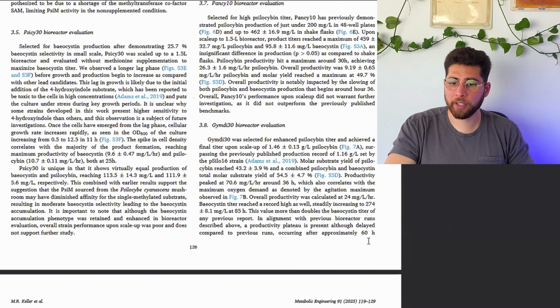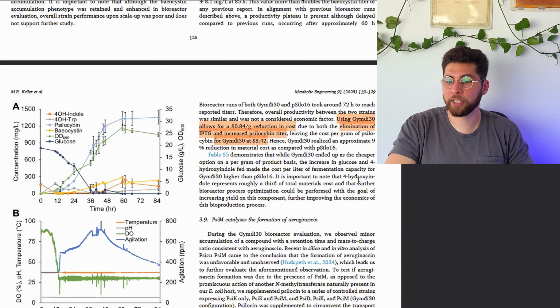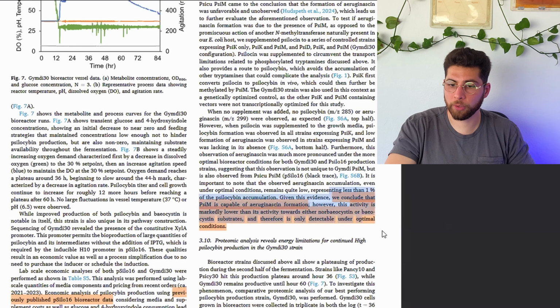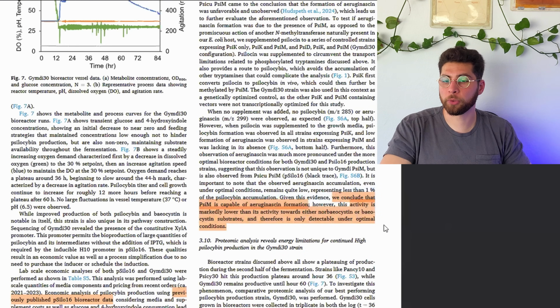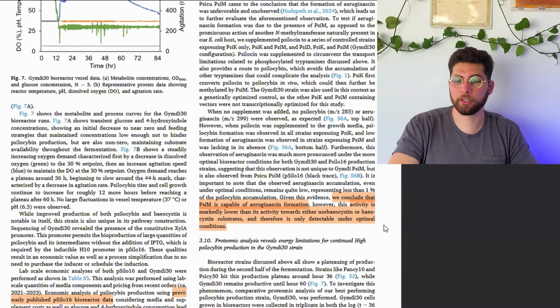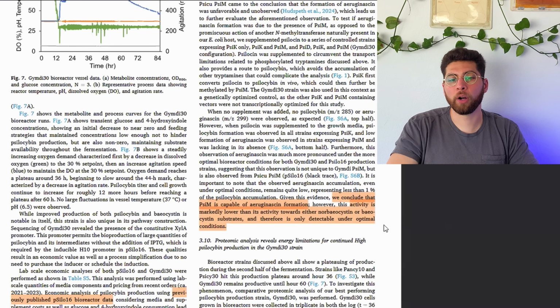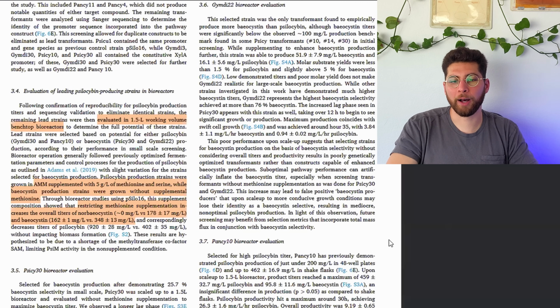So we conclude that Psi-M is capable of aeruginosin formation. However, this activity is markedly lower than its activity towards other norbaeocystin substrates and therefore is only detectable under optimal conditions. So I guess that was a question in the literature, whether you can make aeruginosin. So here's aeruginosin.